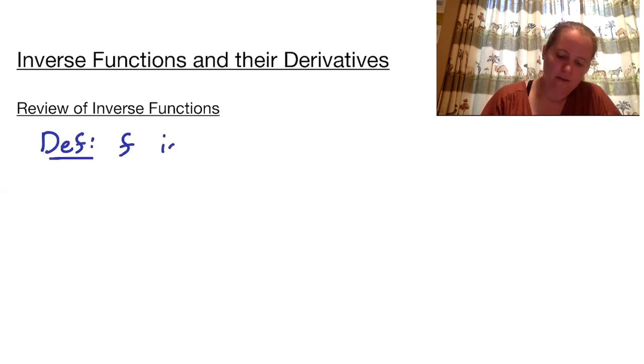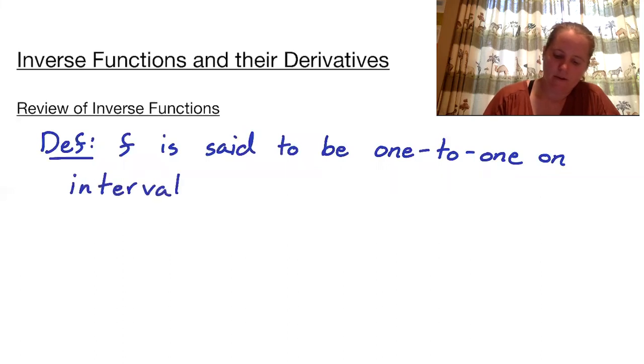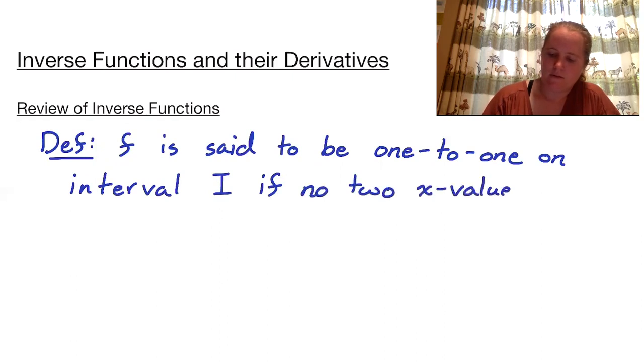f is said to be 1-to-1 on the interval I if no two x values are paired with the same y value.